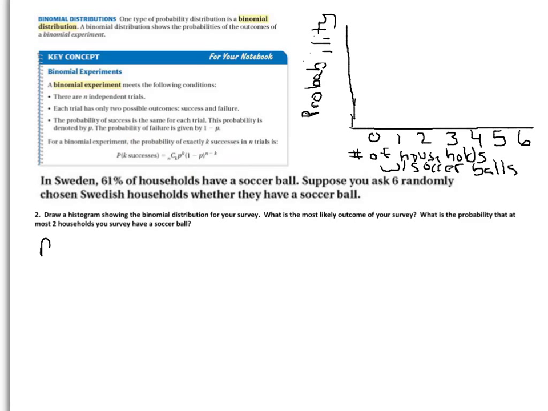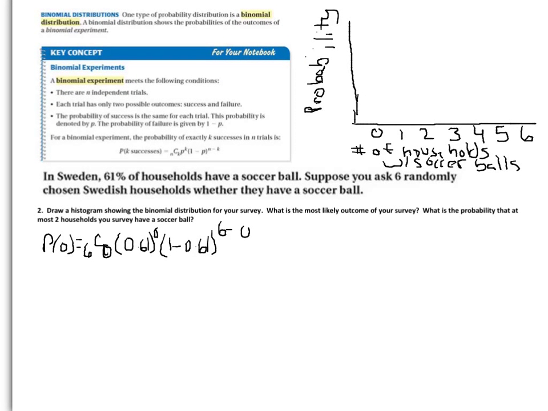So the probability of 0 is going to be 6 choose 0, times 0.61 to the 0, times 1 minus 0.61 to the 6 minus 0. Okay? So we have to set up now to be able to calculate the probability for 1.